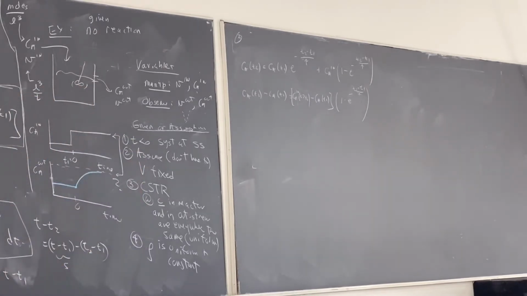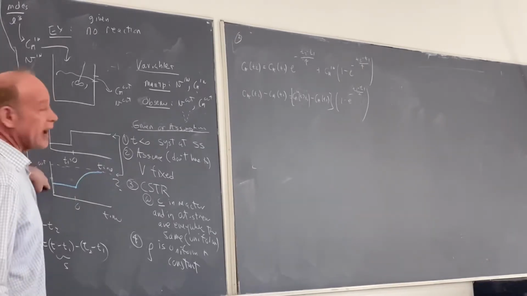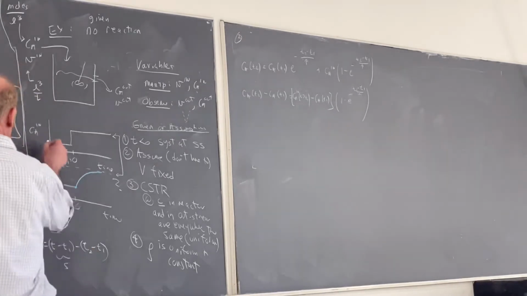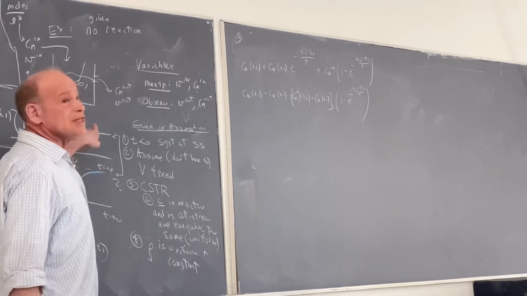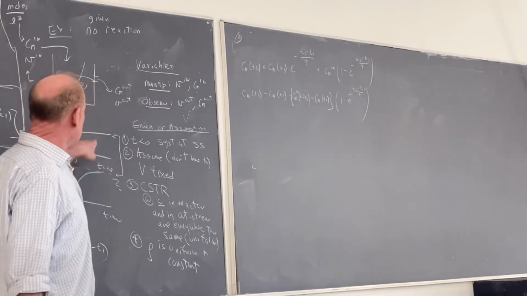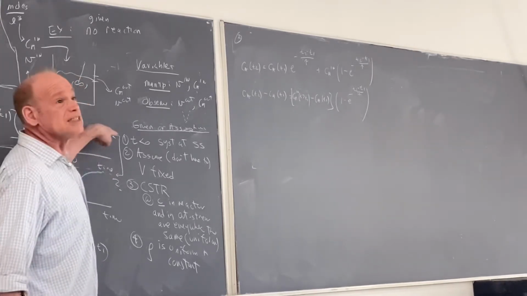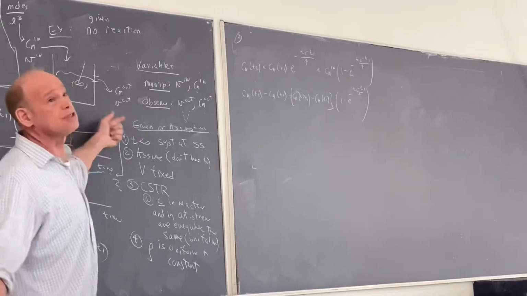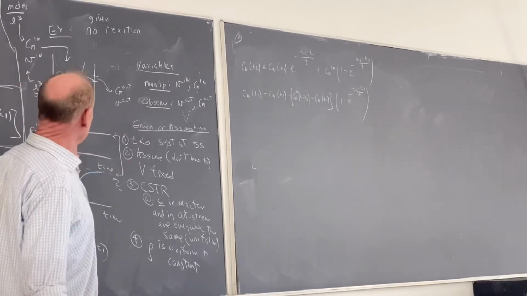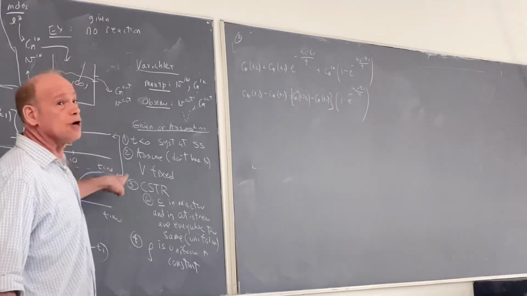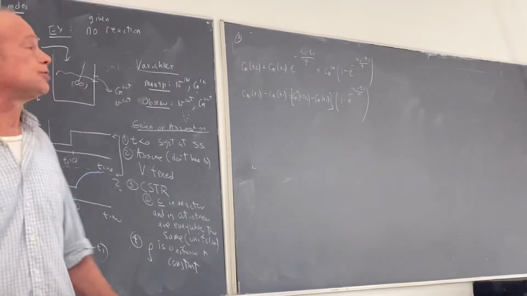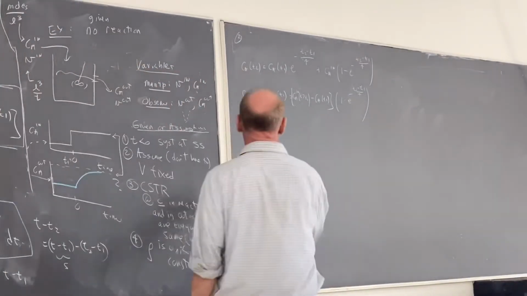That is, if I started out with CA in at this value coming into the reactor, I have the same value coming out. If I do the step change, then eventually what comes out is going to be the same as what comes in, because there's no reaction. But instead of going as a step change like the input, the output is slower and goes as 1 minus an exponential.